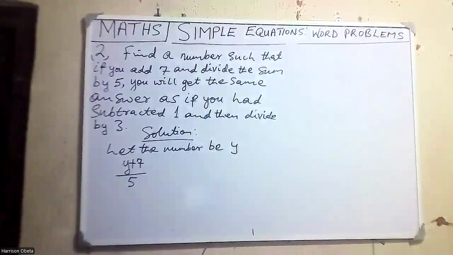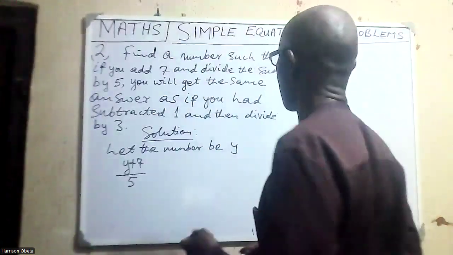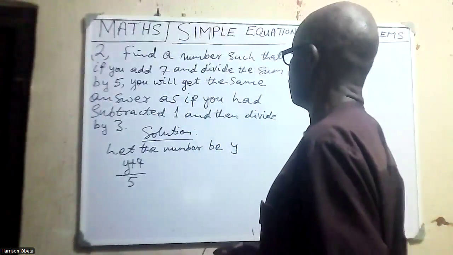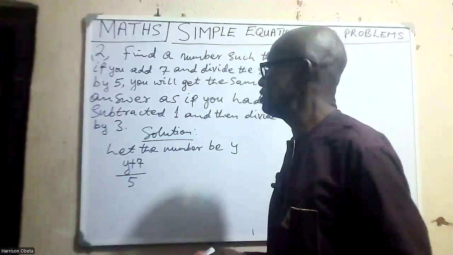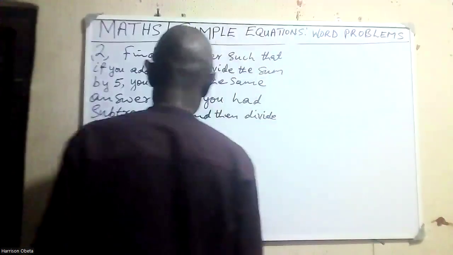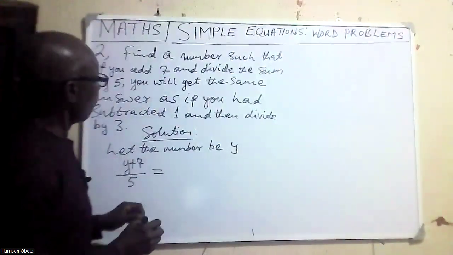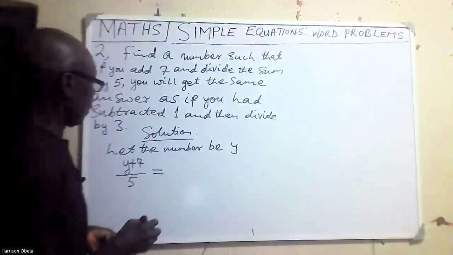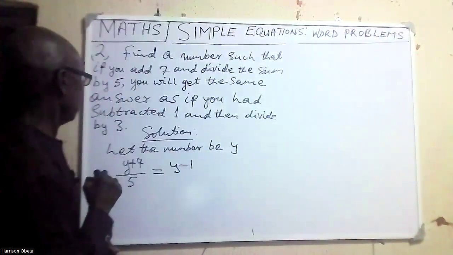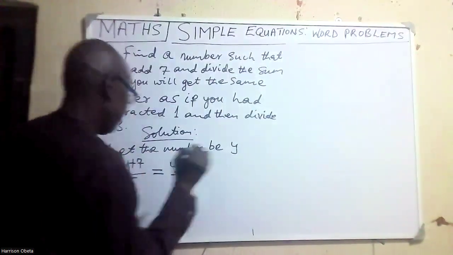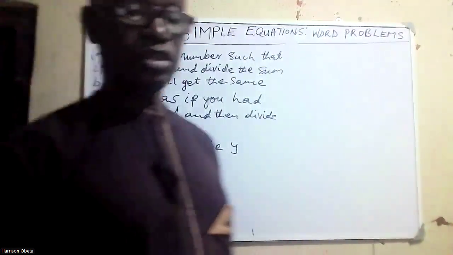You get the same answer as if you had subtracted 1 and then divide by 3. So that means this will give us, if you had subtracted 1, that means y minus 1 all over 3.